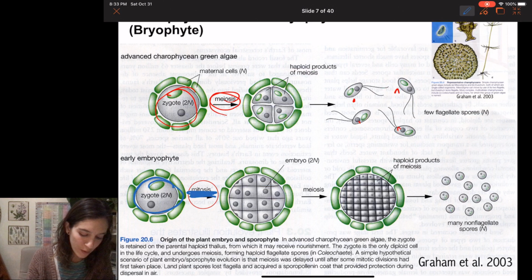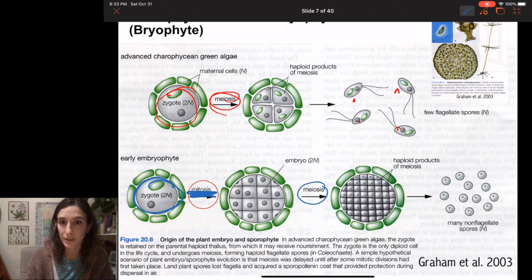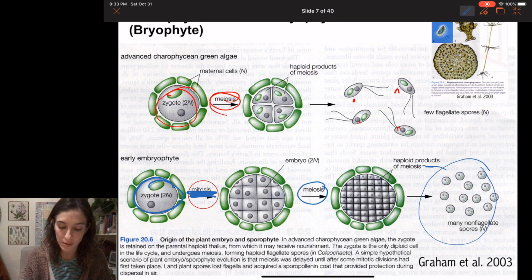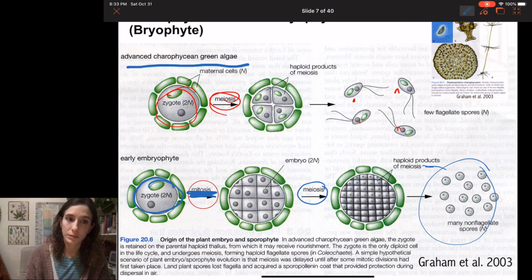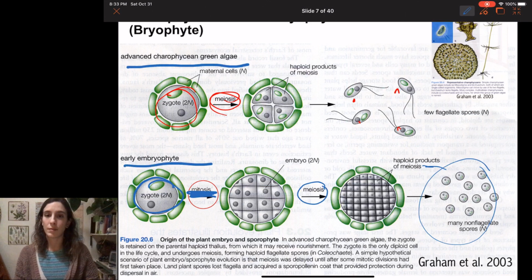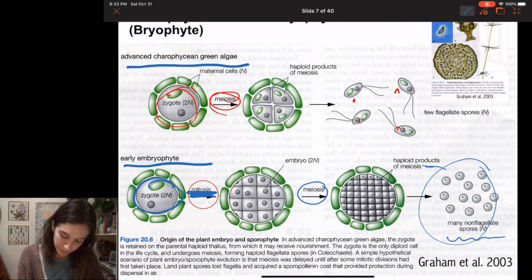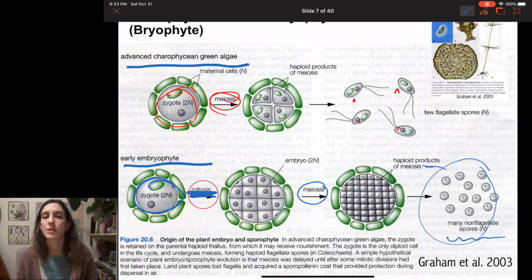And now the cells that are going to undergo meiosis will be more numerous. We'll be able to have more products of meiosis, right? We don't just have 4 like we did in this ancestor. The embryophytes were able to have more meiospores. So that's what these are called. We call these meiospores because they're the result of meiosis.